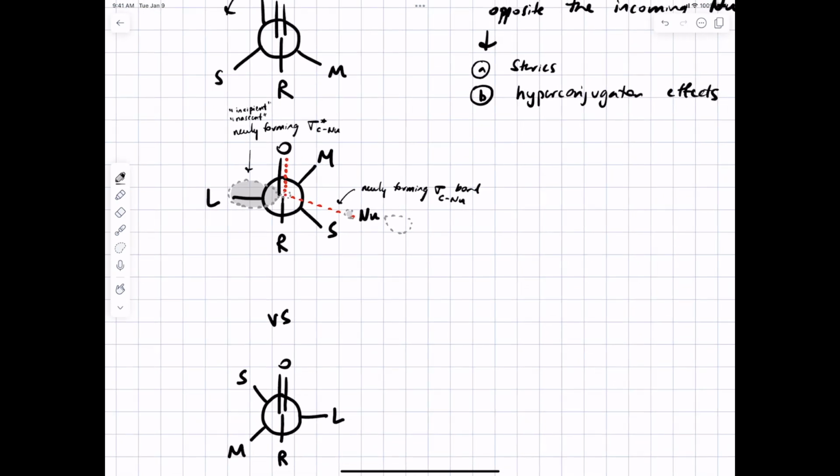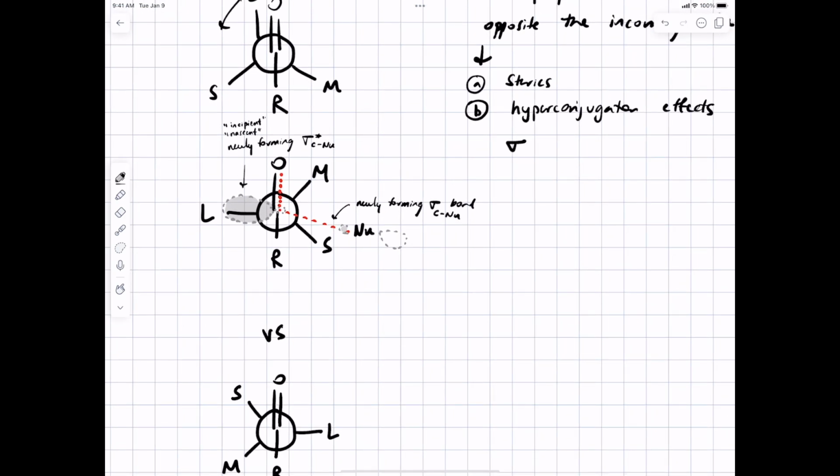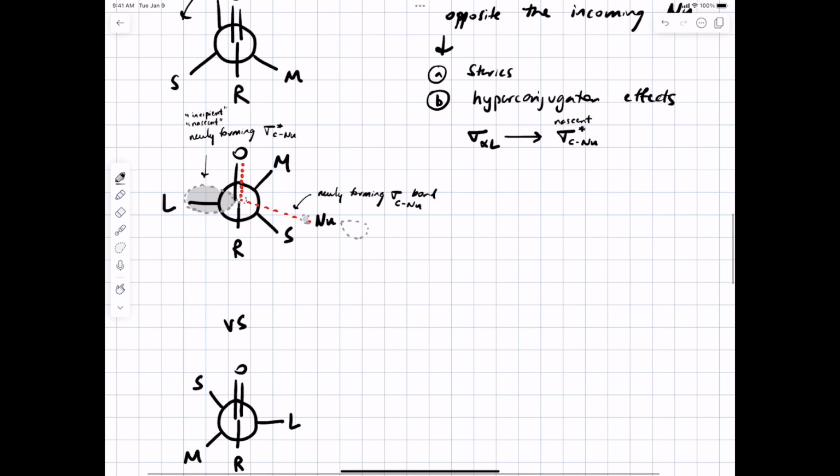One is hyperconjugation involving the sigma bond between the alpha carbon and the large group, donating to the nascent or incipient carbon nucleophile sigma star. So that's one effect. The second effect is donation of the nascent or incipient carbon nucleophile sigma bond to the sigma star between the alpha carbon and the large group.